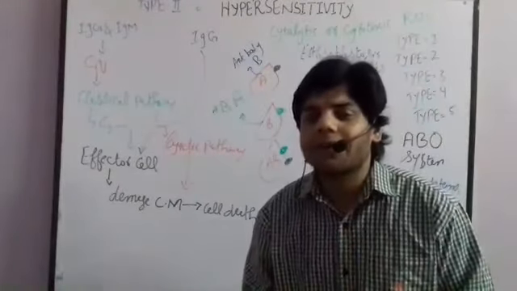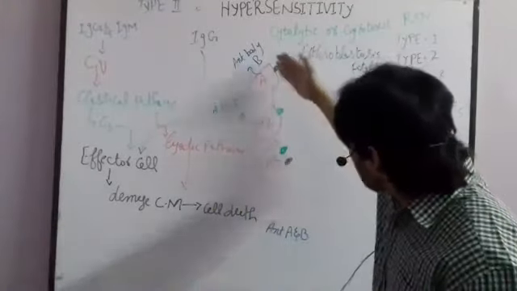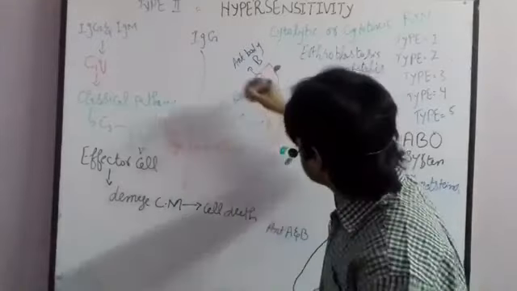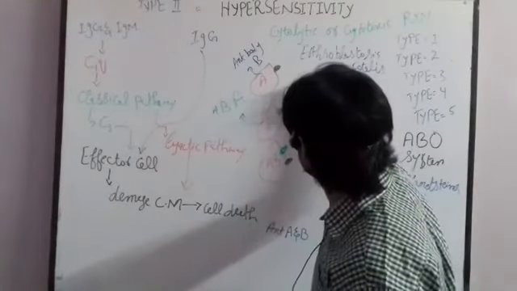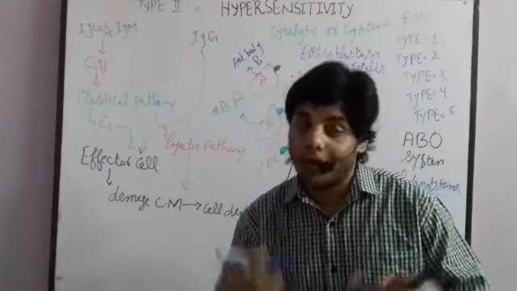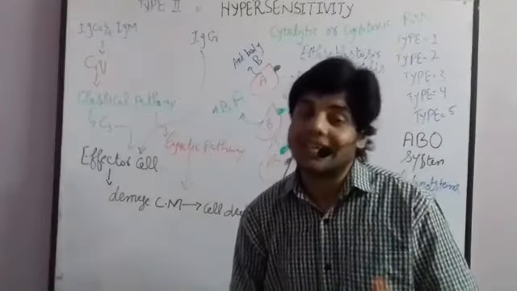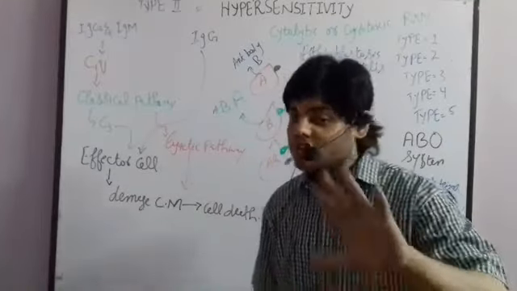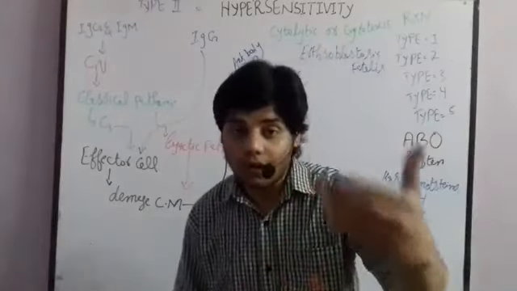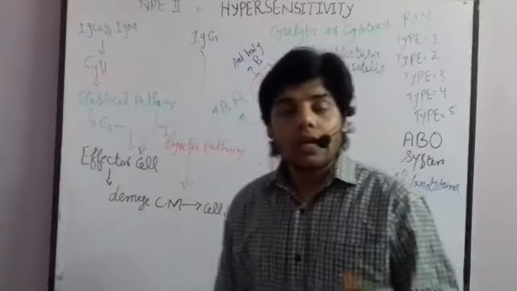So let's discuss a little bit about alleles and genes. All these cells, these are the RBCs. All these RBCs are controlled by genes. Genes are present inside each of the RBC cells. Each gene controls the RBC and produces the antibody proteins.